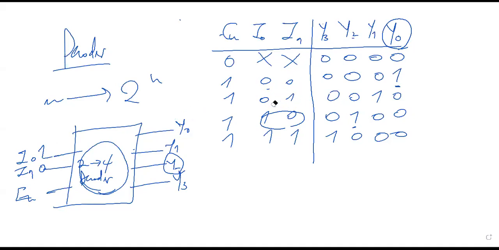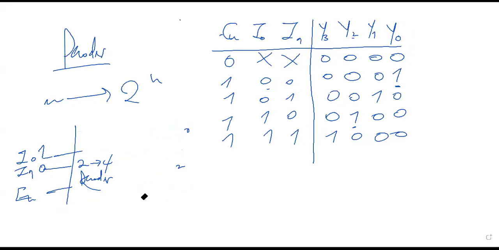From the truth table, I can then go on and give my logic circuit. My logic circuit will look like this.